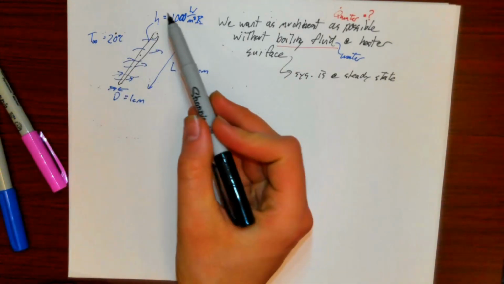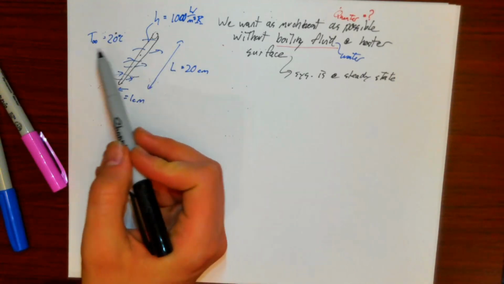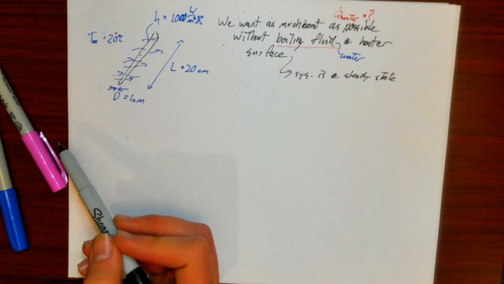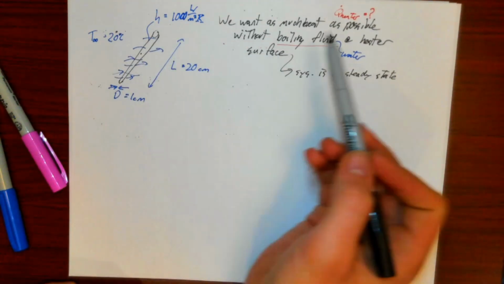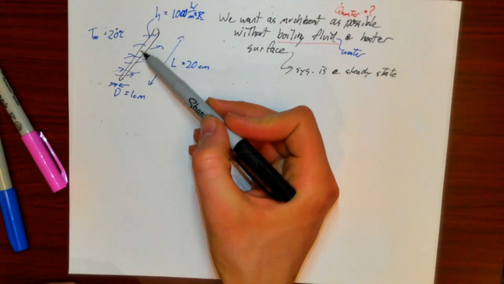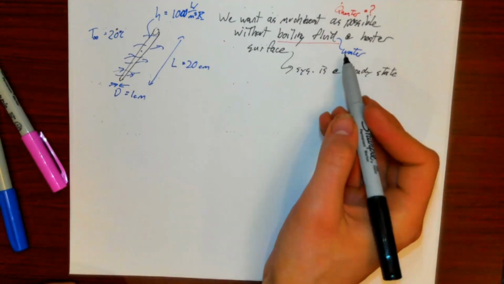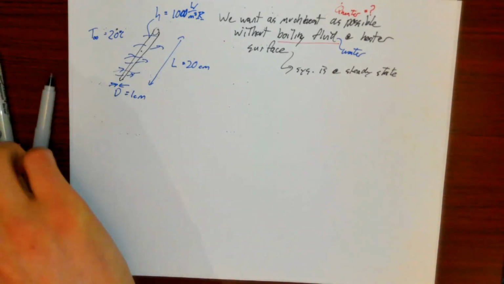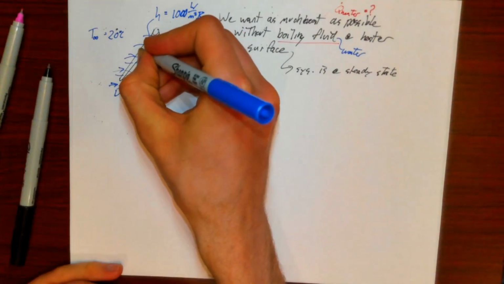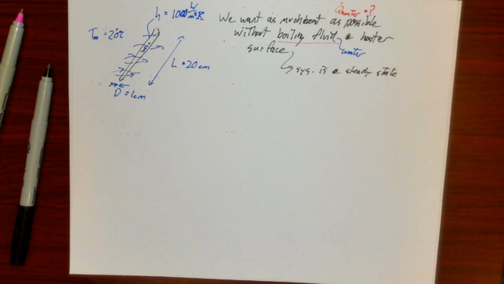So we're basically saying, okay, if this system is at steady state, I'm constantly having fresh 20-degree water come in. Basically, how much heat can this heater dump into our system without the water molecules immediately adjacent to the surface here getting hotter than 100 degrees C?